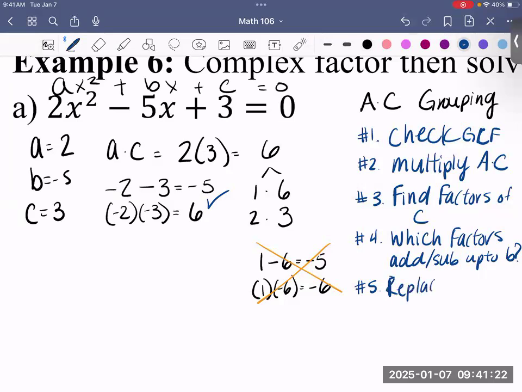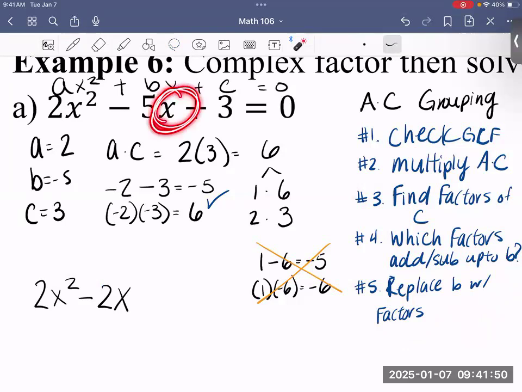We're going to replace B with factors. So 2x squared, instead of writing B as -5x, we're going to write it as -2x, because keep in mind, this is an x term, this is bx, minus 3x.